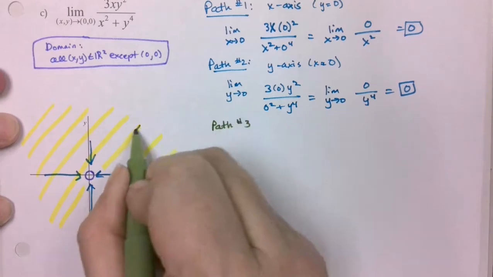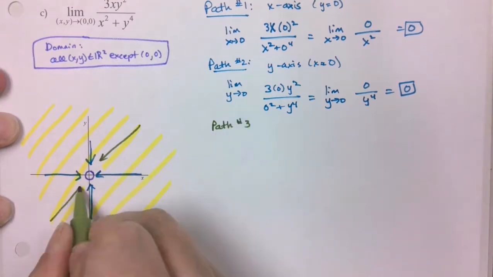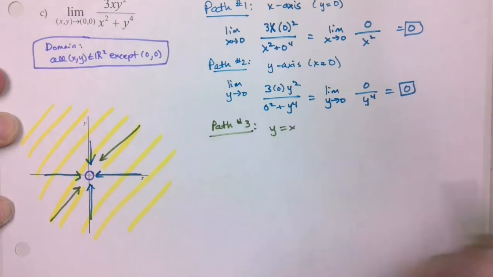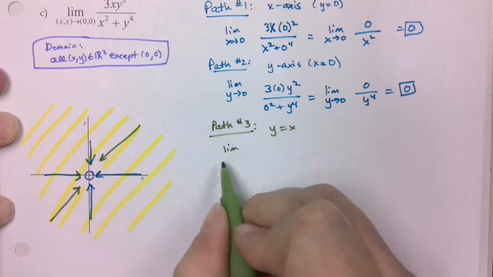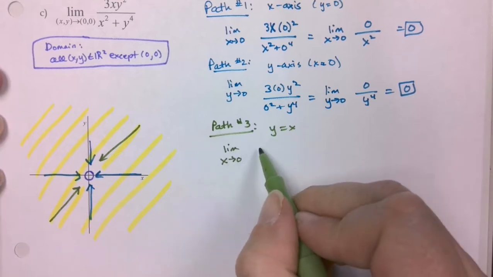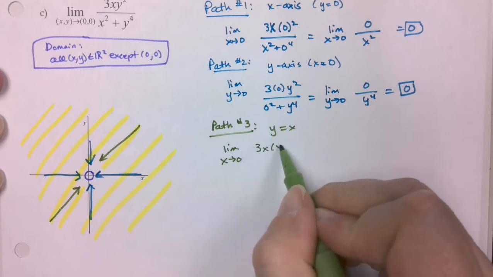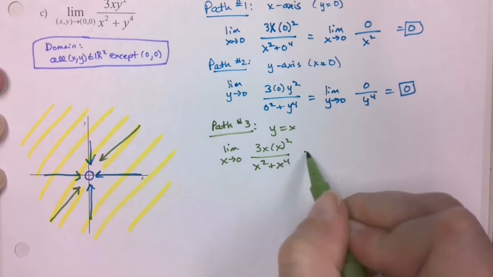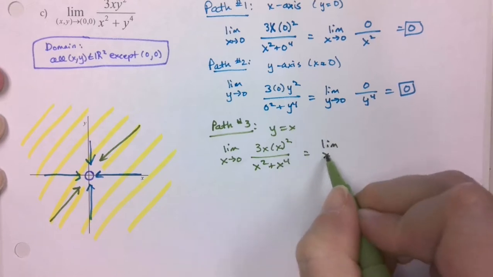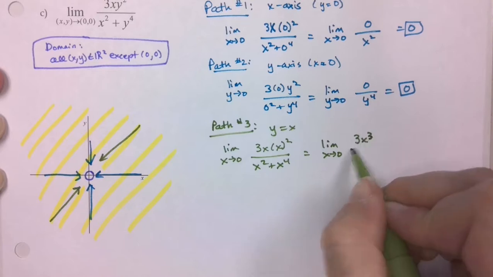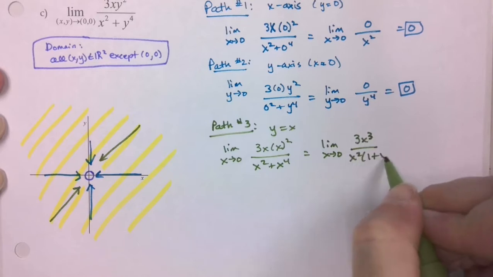We'll come in from the diagonal like we did on the last one. Okay, so path number 3, y is equal to x. That'd be the limit as x goes to 0 of, I'm just going to substitute, 3x times x squared over x squared plus x to the 4th, which is the limit as x goes to 0 of 3x to the 3rd over x squared times 1 plus x squared.